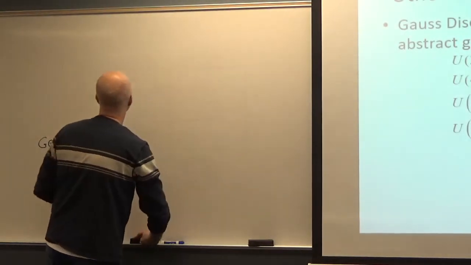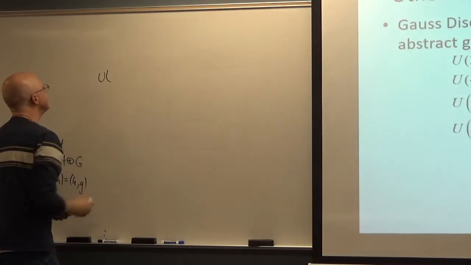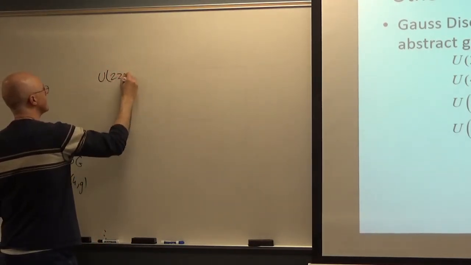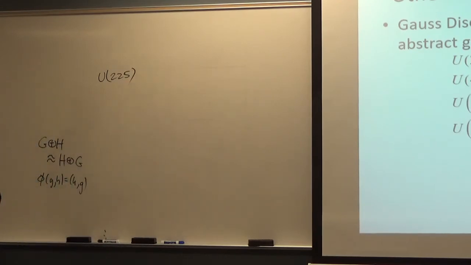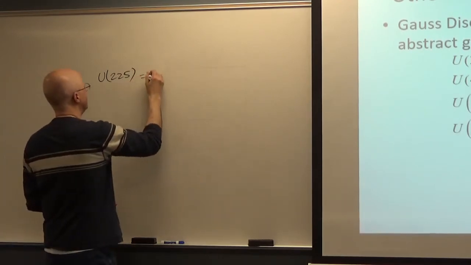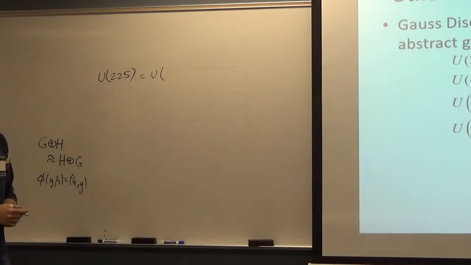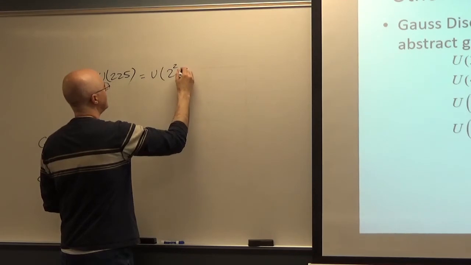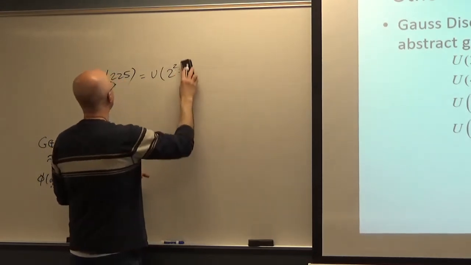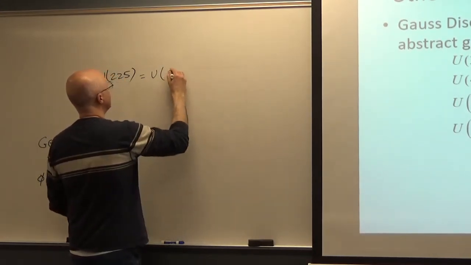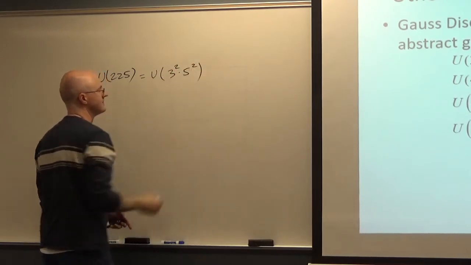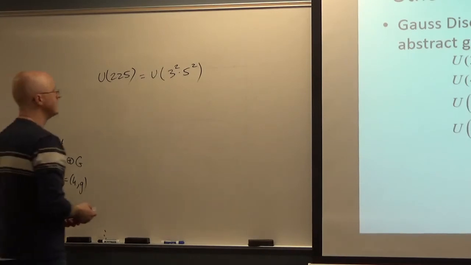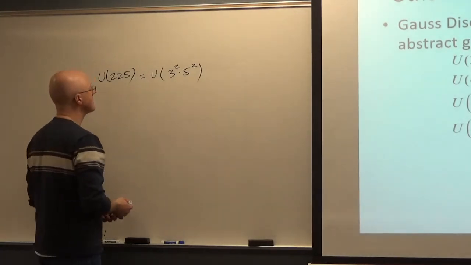How about this one? If you compute the prime factorization of 225, it's 3 squared times 5 squared. 9 and 25 there.